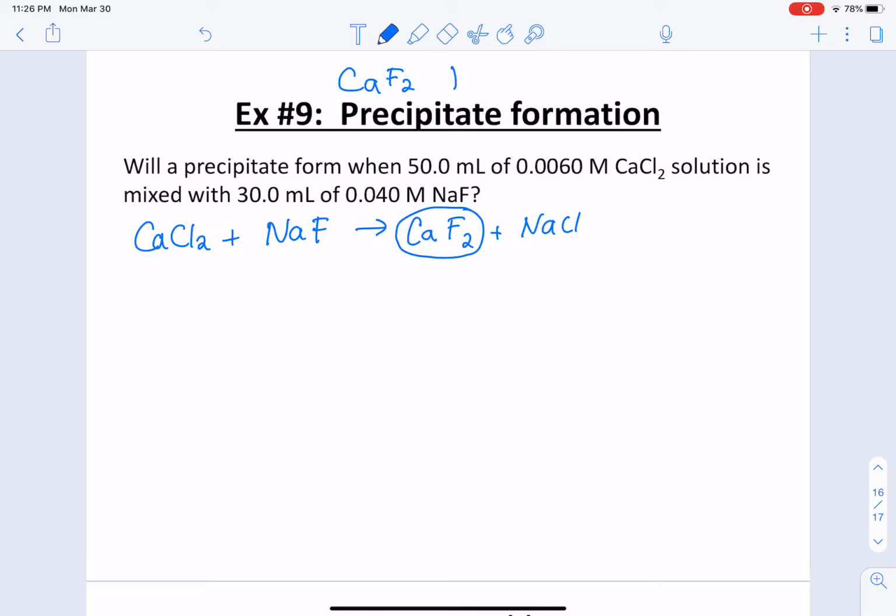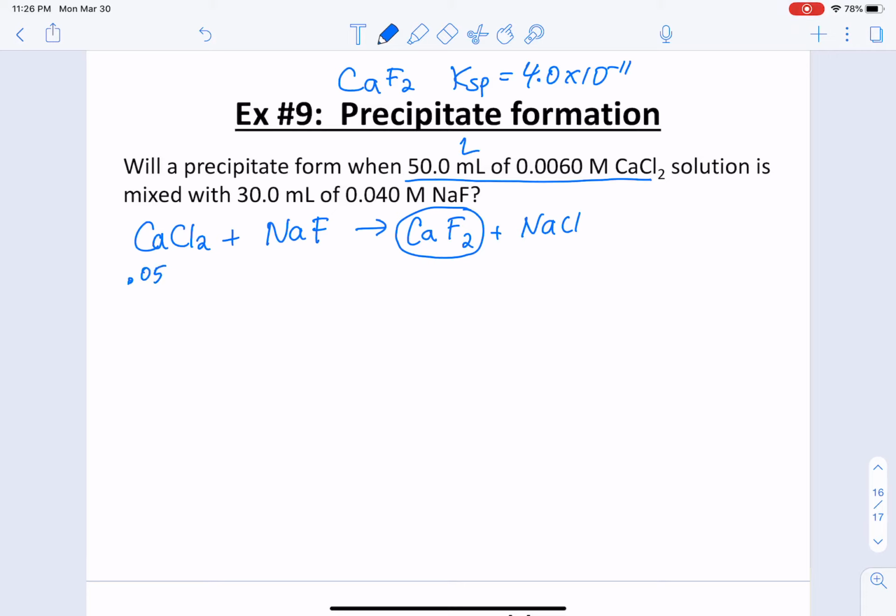I looked this up earlier. It is 4 times 10 to the negative 11. So here's what we're going to do. Same kind of process. We're going to just look at what we're given. We have 50 milliliters of a 0.006 molar solution. So I'm going to convert milliliters into liters.